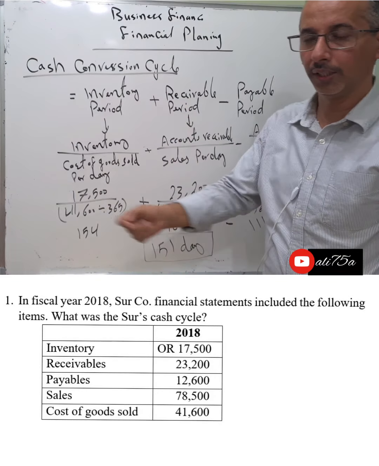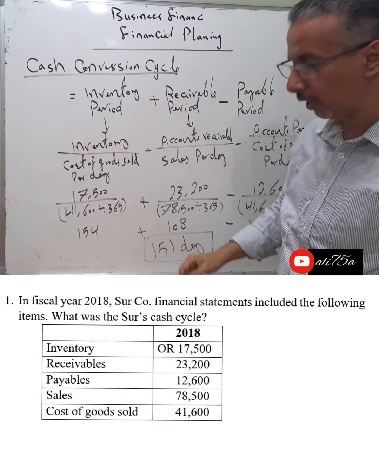The cash needs 151 days to be returned from the day when we pay, around 5 months.